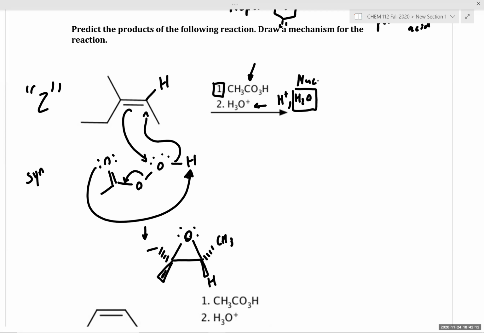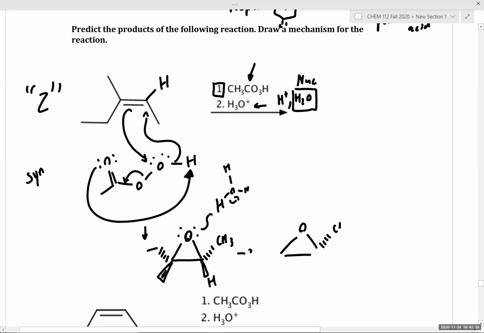Okay, so now that we've identified our nucleophile, under acid catalyzed conditions, what we're first going to do is protonate our epoxide. Now our nucleophile is going to attack, and in this case, our nucleophile is water.